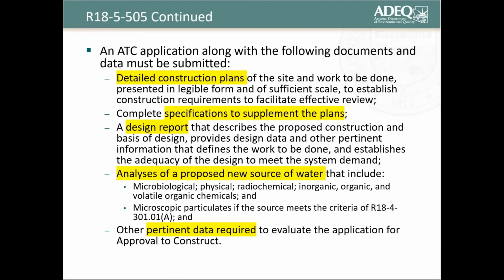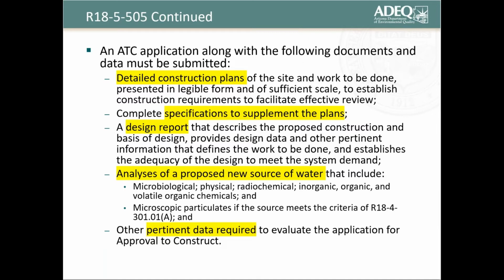Continuing with R18-5-505, a complete ATC application includes the completed ATC application, the design report, analyses of a proposed new source of water. So it's specific to the type of water component, whether that be treatment or construction of a well, which we'll go into more detail, and then other pertinent data required to issue the approval to construct.